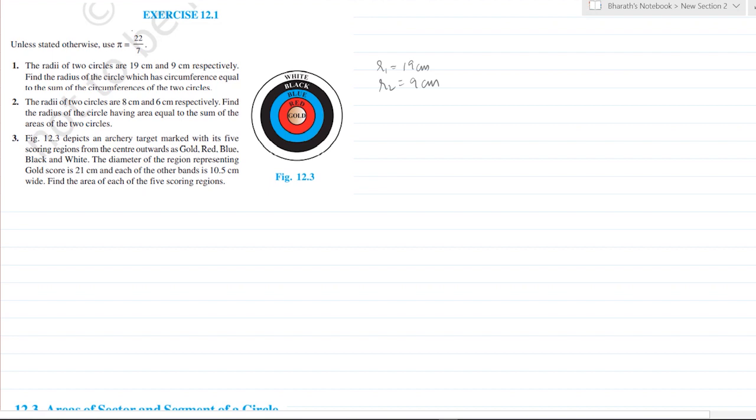This means that circle 1 which has radius R1 plus circle 2 which has radius R2 is equal to circle 3, where C3 is the sum of the two circles.